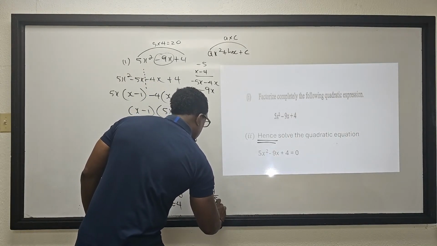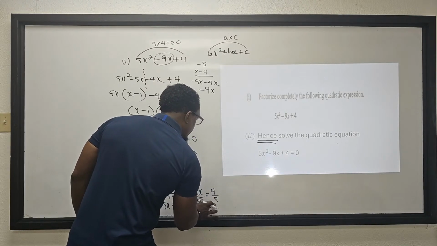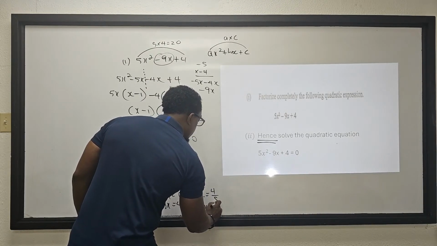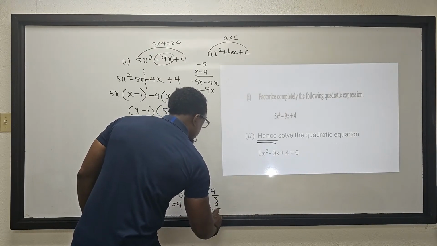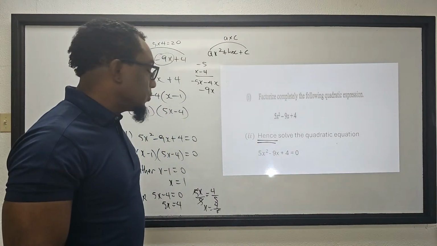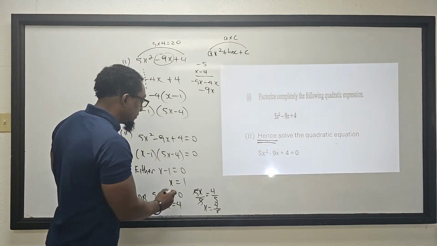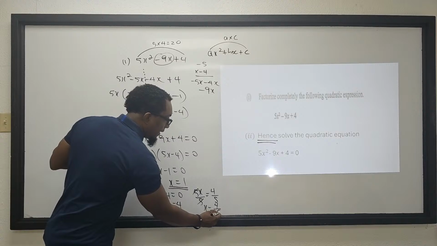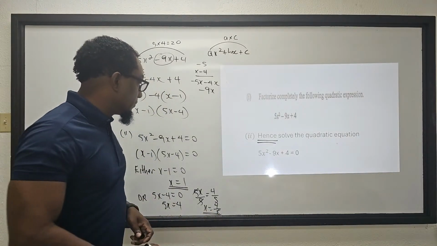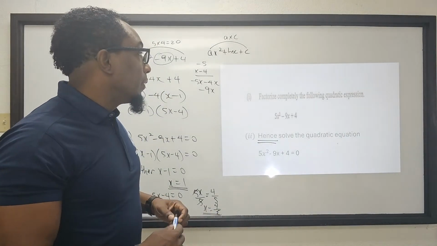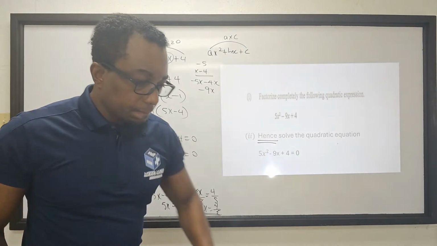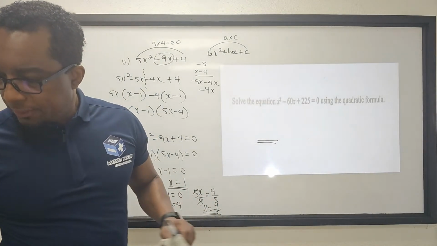X will be equal to 4/5. So my 2 values of x are x is equal to 1 and x is equal to 4/5. Solving our quadratic equation. Alright, let's move on to the next.